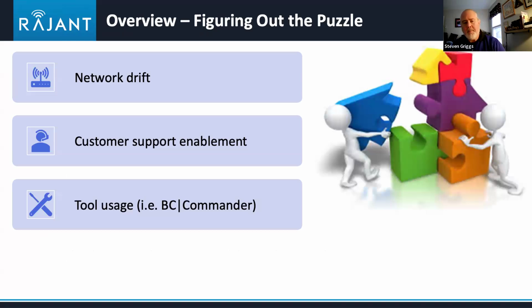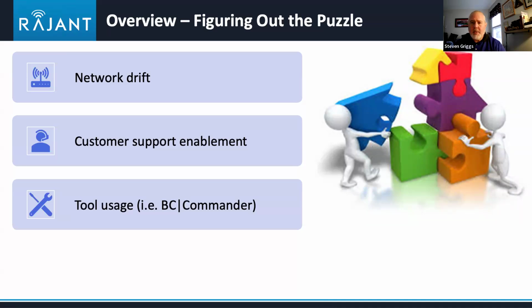So first of all, if you've attended any of the Rajant maintenance webinars, we always talk about solving or troubleshooting networks, and we always liken it to putting together a puzzle. So in that, we're going to take a look at network drift, first of all, and understand A, what causes it, or some potential causes of it, and B, how to rectify it.